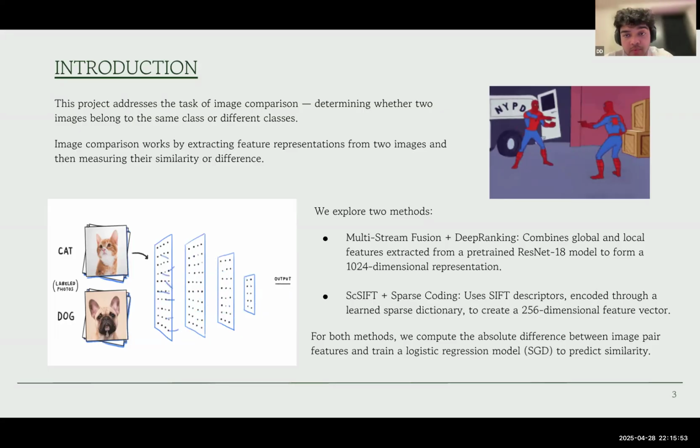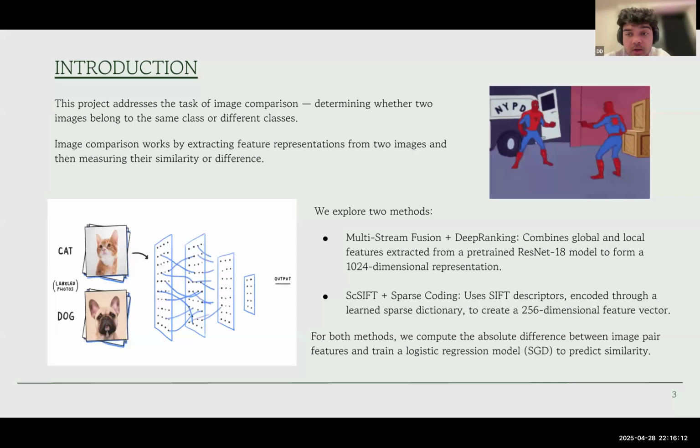In multi-stream fusion, we combine global features extracted from full images and local features extracted from random patches of the image. These features are generated using the pre-trained ResNet-18 model and fused to a 1024 dimension representation.